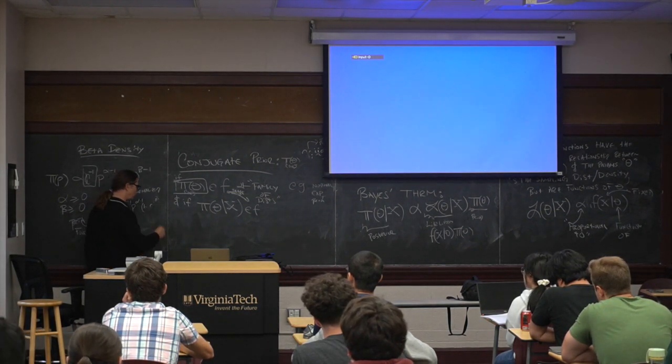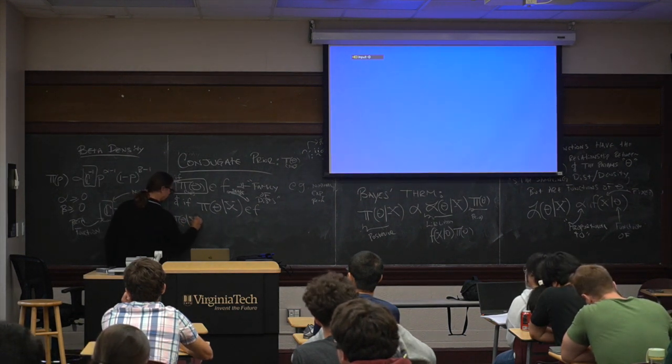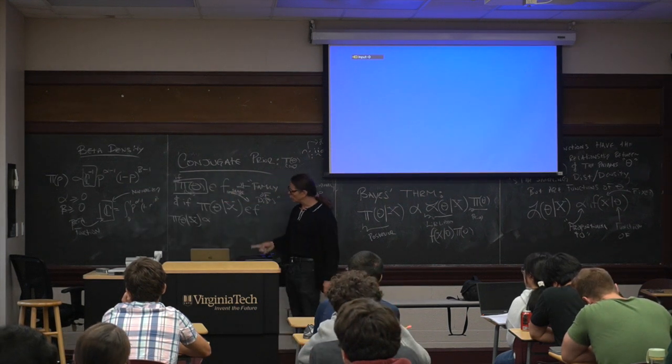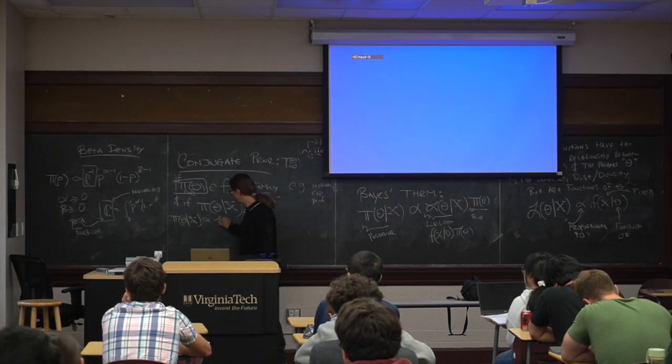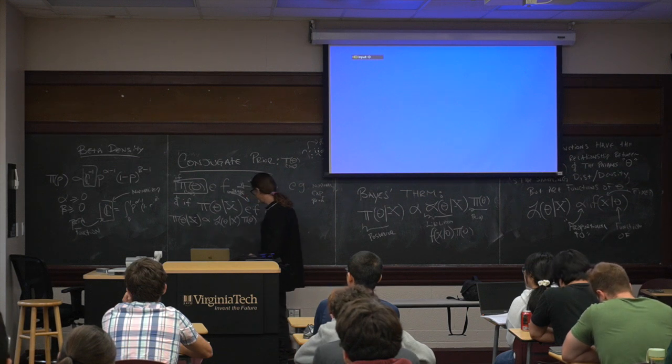So what we're going to do to look at that is we're going to look at pi theta given x. Remember, the only things that involve theta, which is what the distribution is over, are the likelihood function and the prior. Those are both functions of theta.